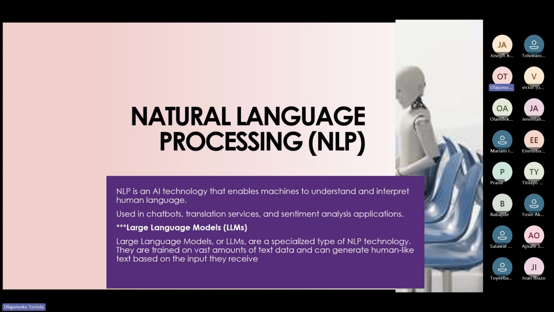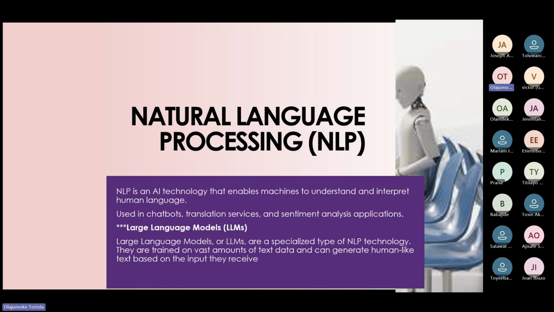A subset of natural language technology is the large language models, or LLMs, that are a specialized type of the natural language technology. What LLMs really are is models trained on vast amounts of text data.